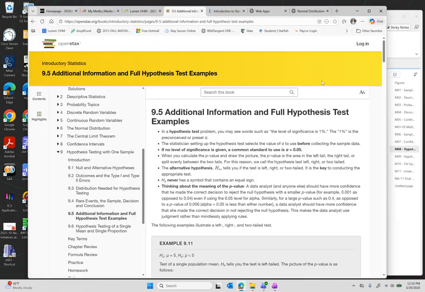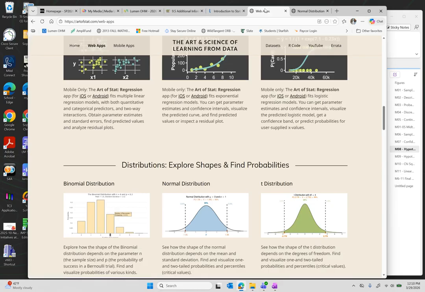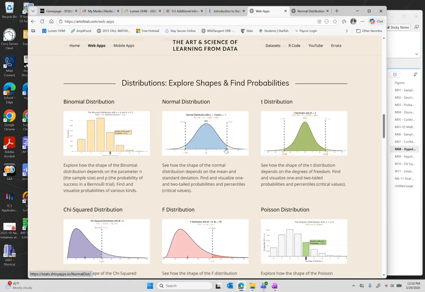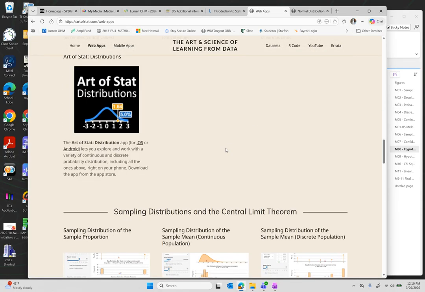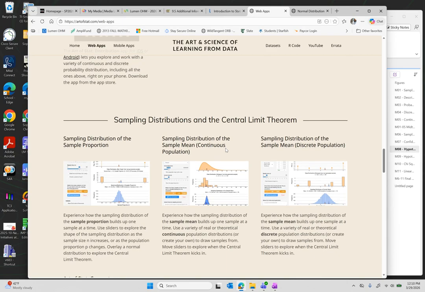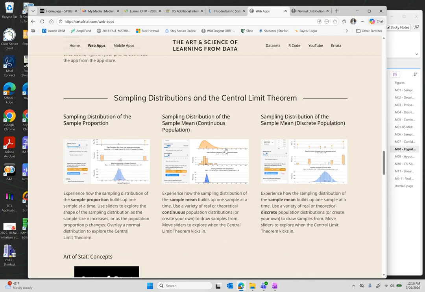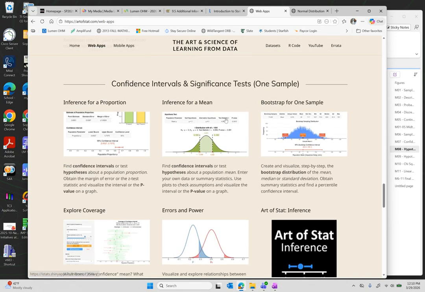The nice thing about the technology in ArtofStat is that there is an app for inference for the mean that uses the t-distribution. So for this one, I will use the app for inference of a mean.